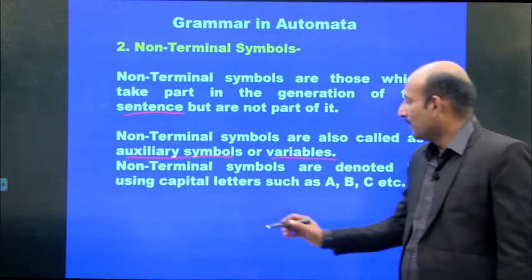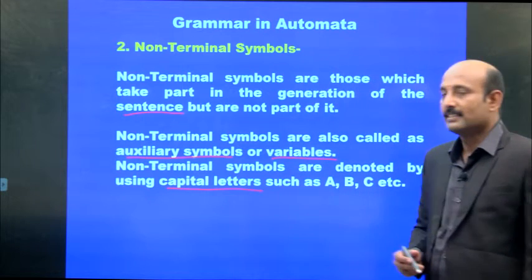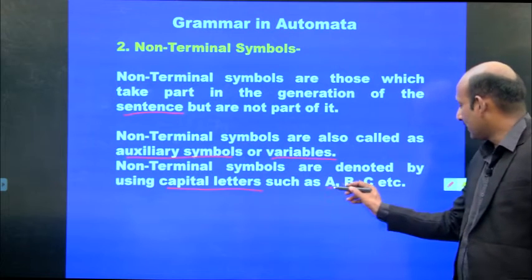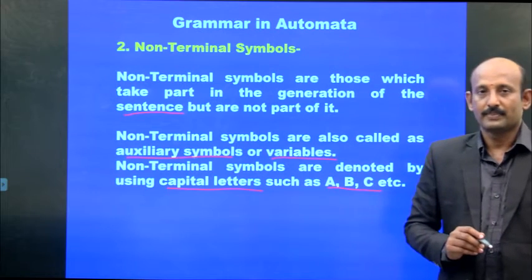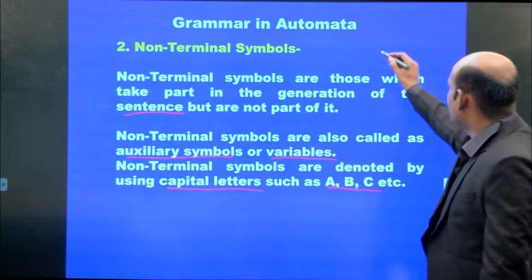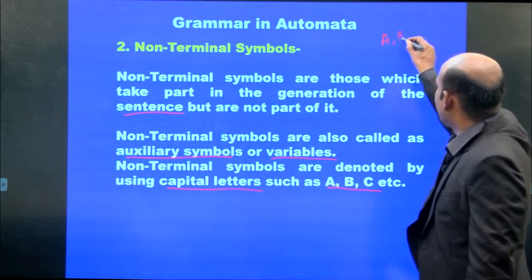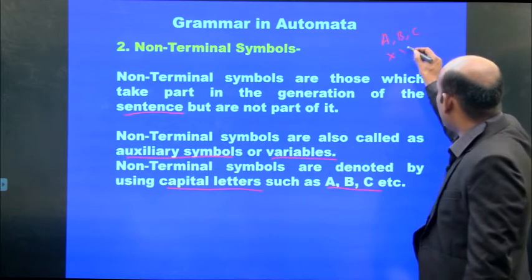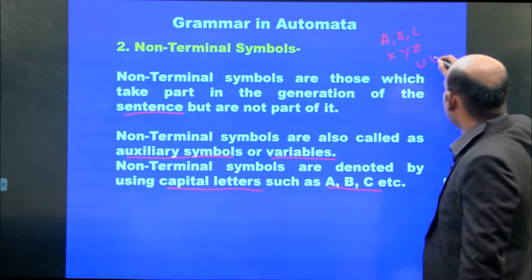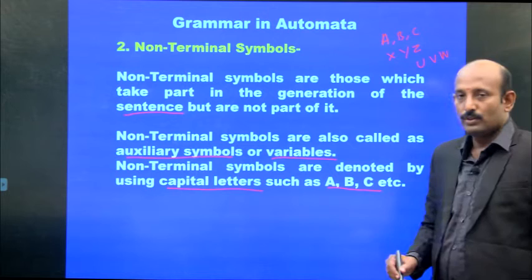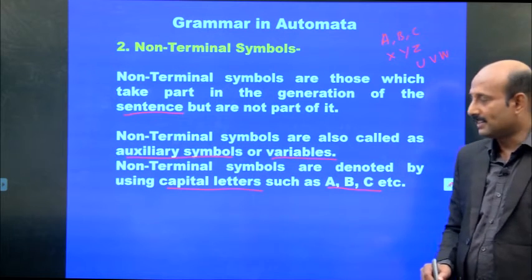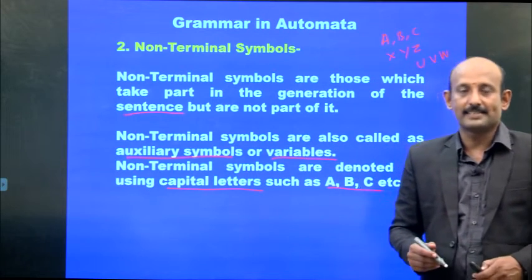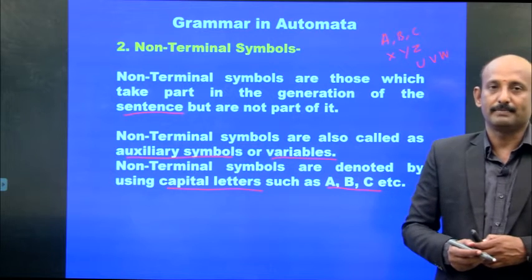These symbols are written in capital letters such as A, B, C, etc., and also X, Y, Z, U, V, W. All these uppercase letters are non-terminal symbols, which we can also call variables.